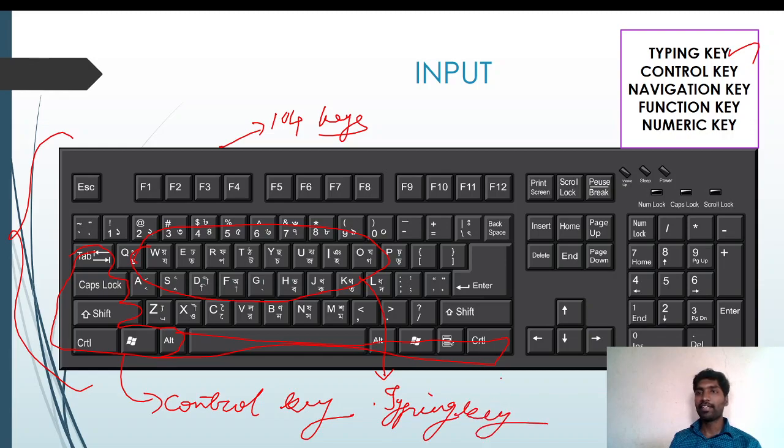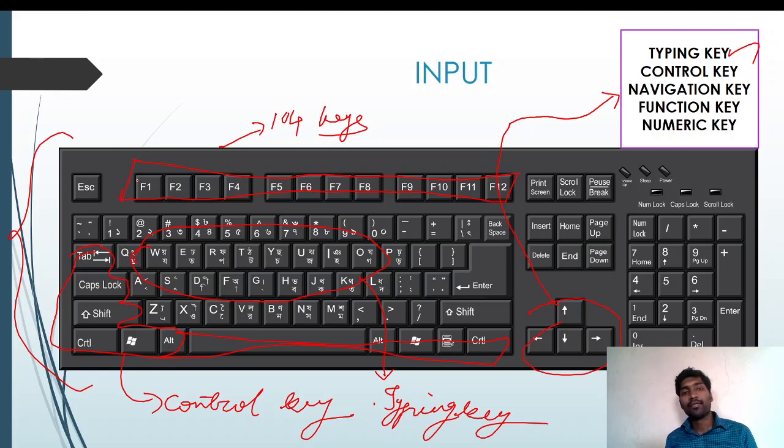Now next one is a navigation key. Navigation key means here we can see the arrow. This arrow we may call a navigation key, and this is a function key. When we are using a shortcut, we use double keys, control plus A, control plus B, like that alt plus F4.